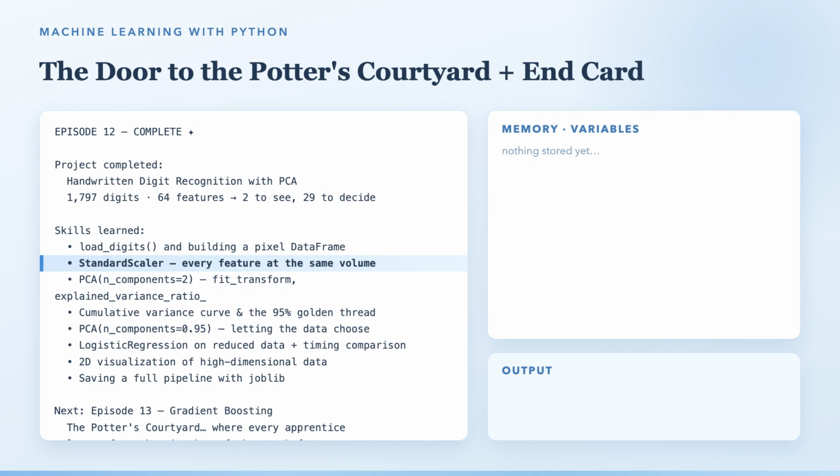Episode 12, complete. The project: handwritten digit recognition with PCA, 1,797 digits, 64 features, folded to 2 for seeing, 29 for deciding.